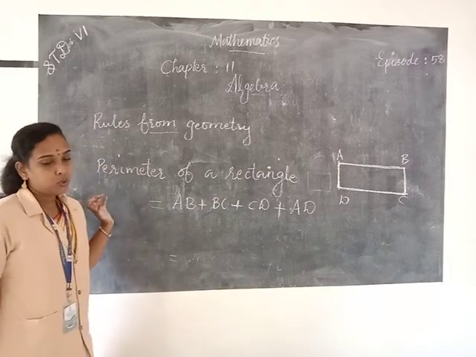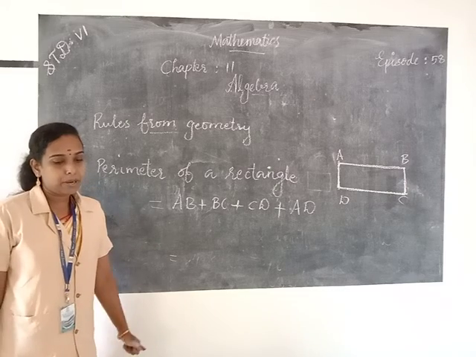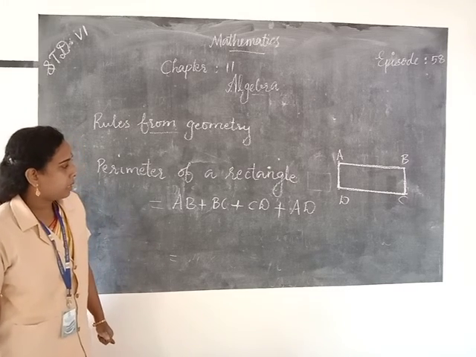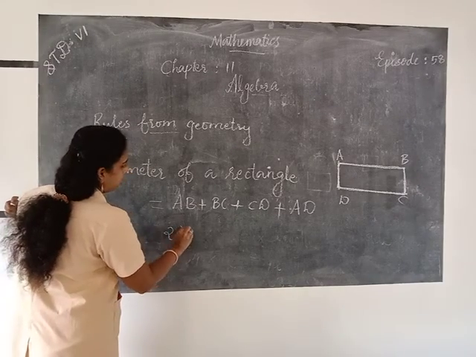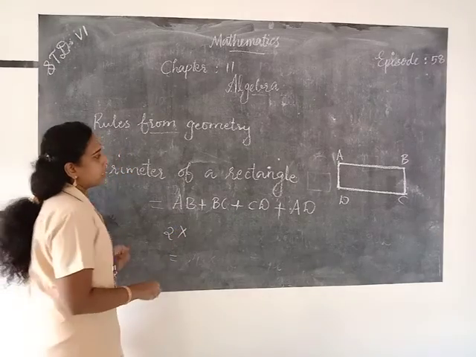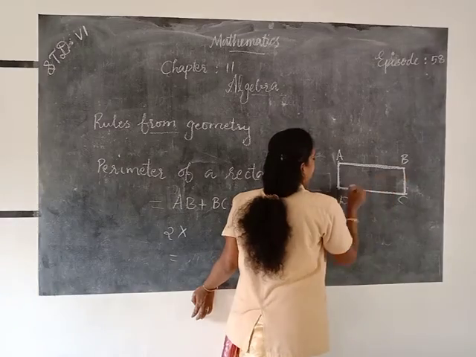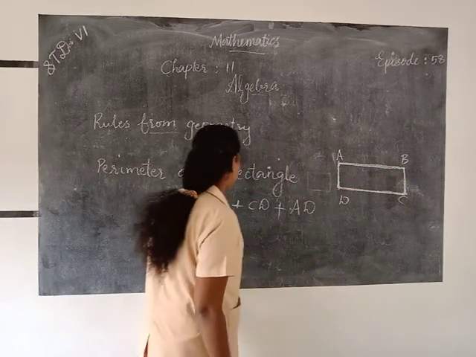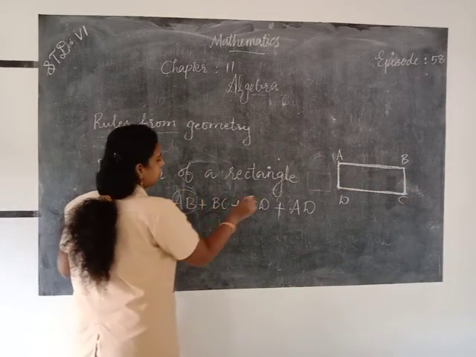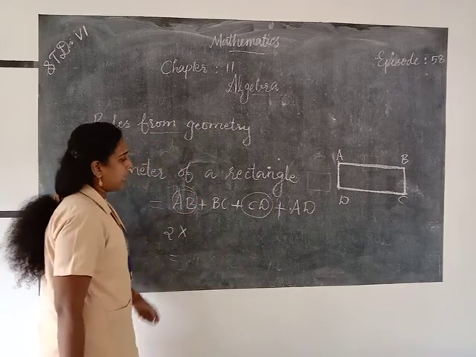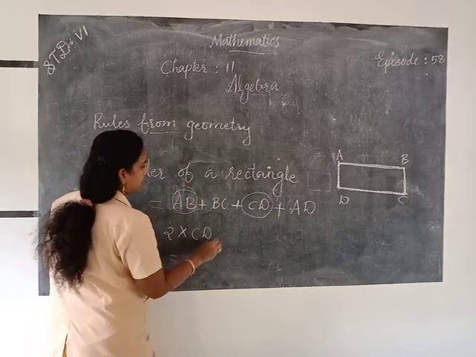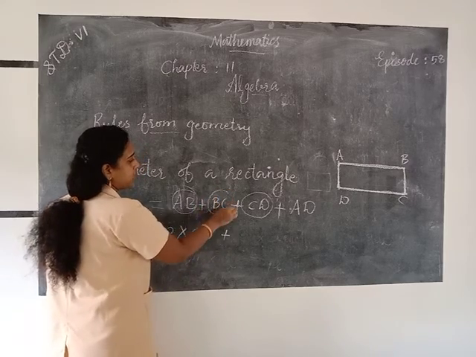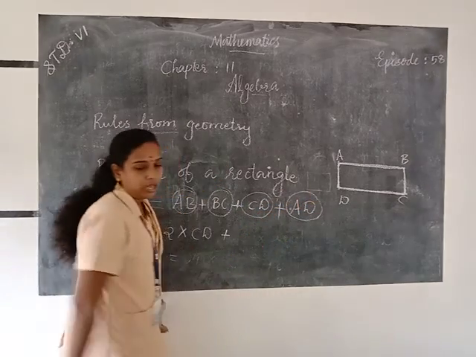That is 2 into length of CD plus 2 into length of BC. Here we know that the sides AB and CD are of equal length. So 2 into CD, plus then the sides BC and AD are of equal length.